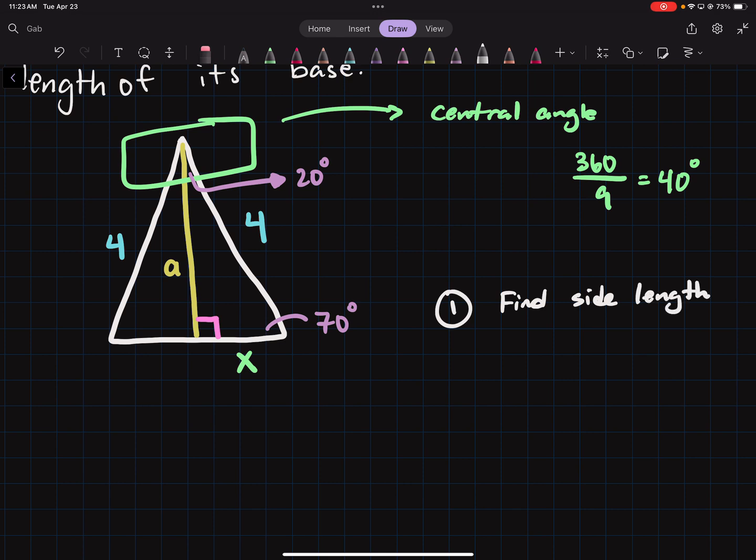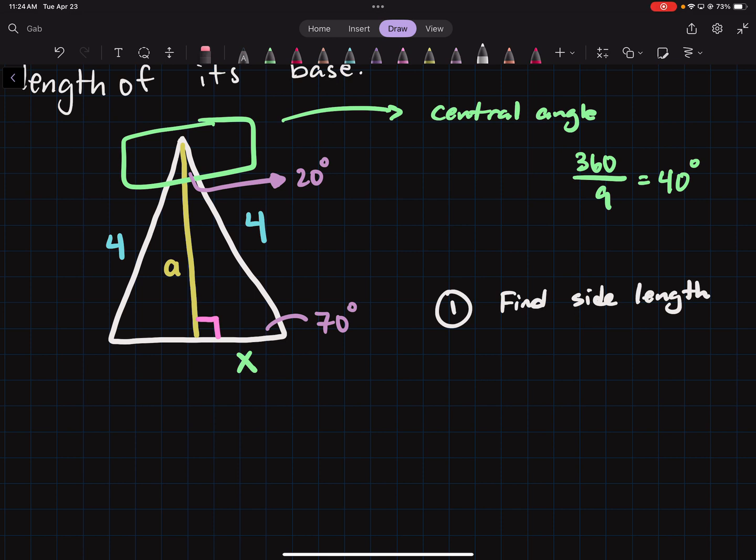Okay, find side length. You gotta find X. You have a right triangle. What are you gonna use? How are you gonna use Pythagorean theorem when you don't know two of the sides? You have 8, X, and 4.